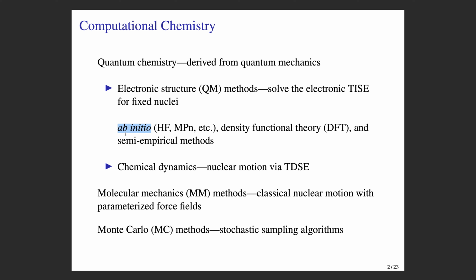In particular, they have some explicit representation of the quantum mechanical wave function for the many-electron system. Molecules have lots of electrons, and quantum mechanics tells us that there is a wave function that describes those electrons. These ab initio methods attempt to model that many-electron wave function.